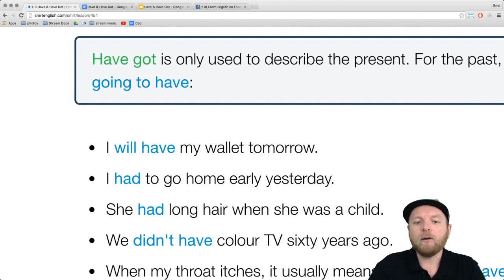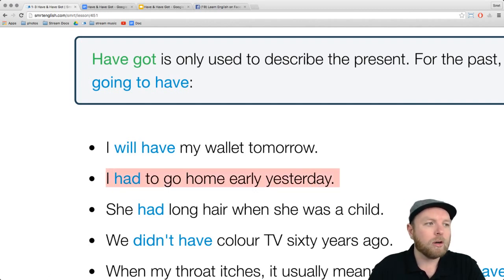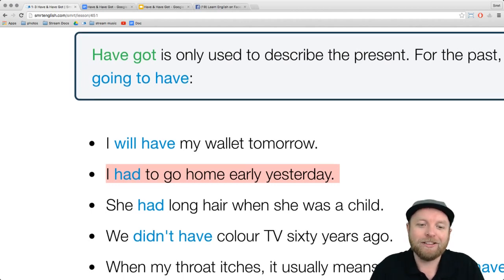I'm talking about obligation. With obligation we can use have got, but this is the past. We can't use have got. Don't say had got. We don't say that in English.